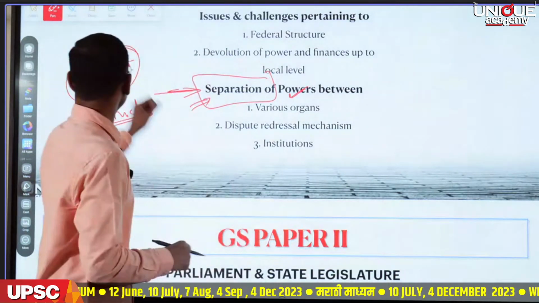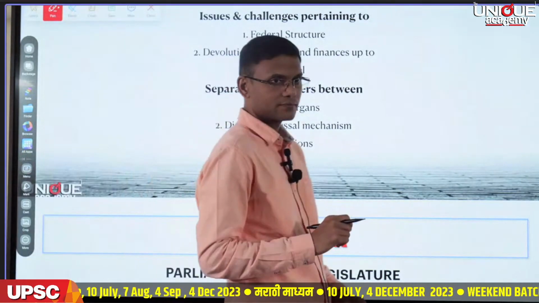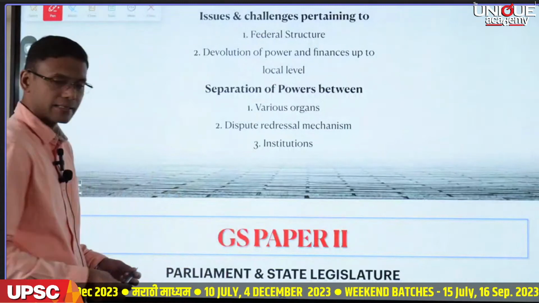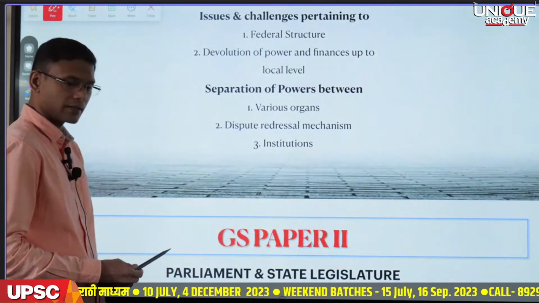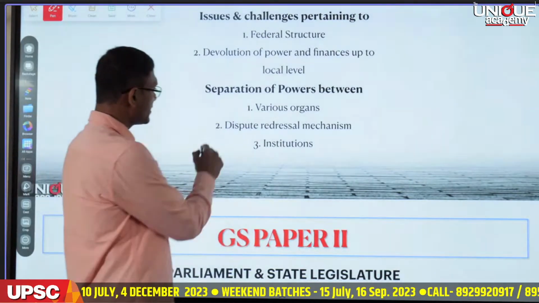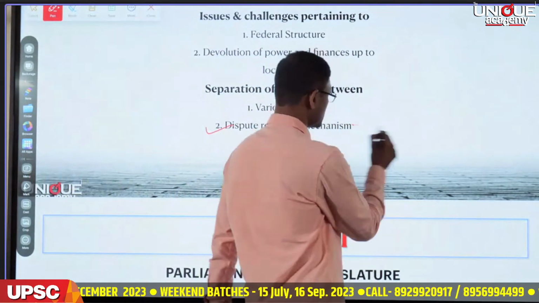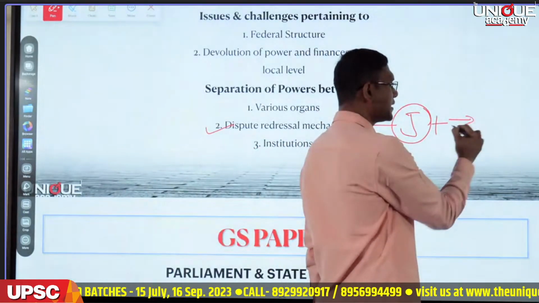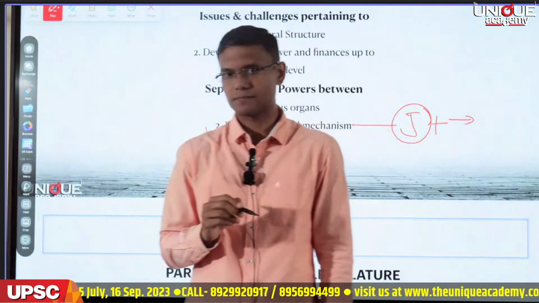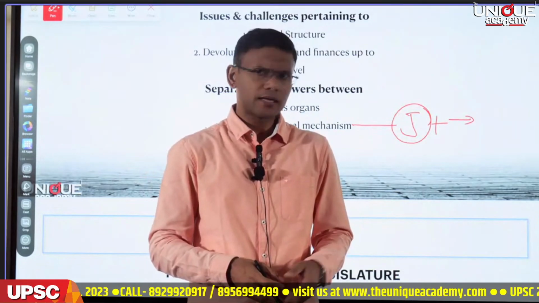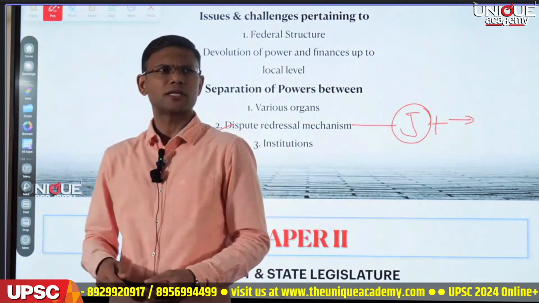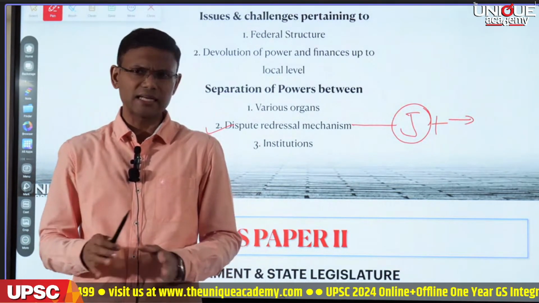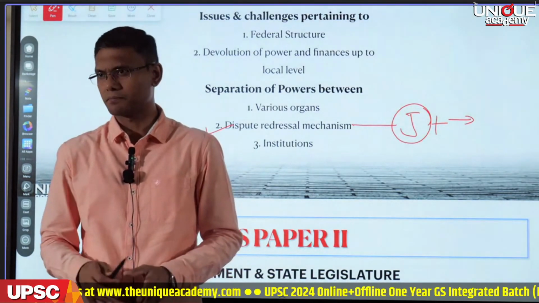It is in other terms called checks and balances. In your Constitution you will commonly know that checks and balances is written somewhere, so we have to talk about it, and for that we have to read some things. Next, we have dispute redressal mechanism. So you must be knowing the dispute redressal mechanism in the judiciary, right? But along with the judiciary, we have a number of other agencies taking care of different types of disputes. Recently, Lok Adalats have been in the news for their incredible work of disposing of thousands and lakhs of cases in a short span of time.